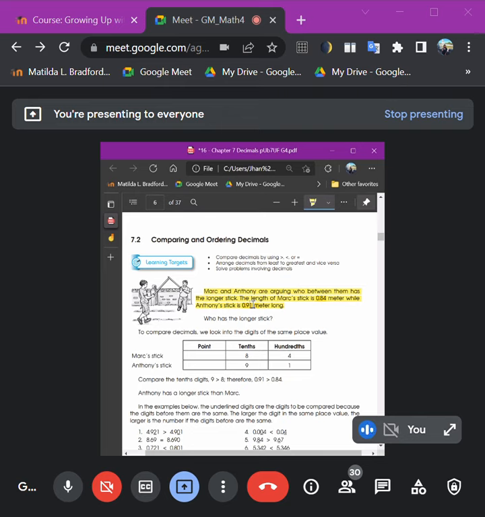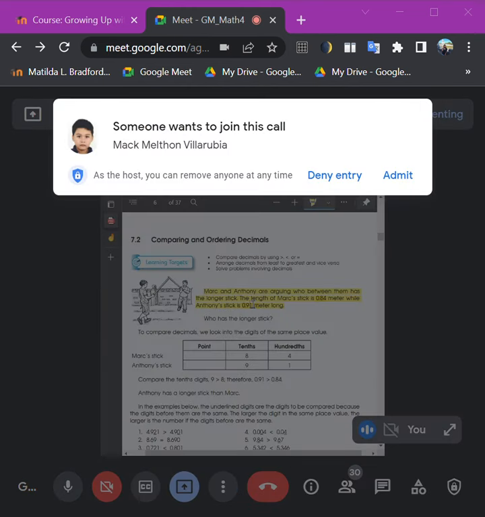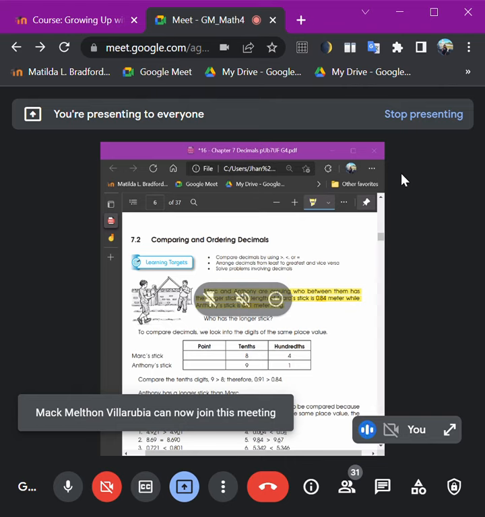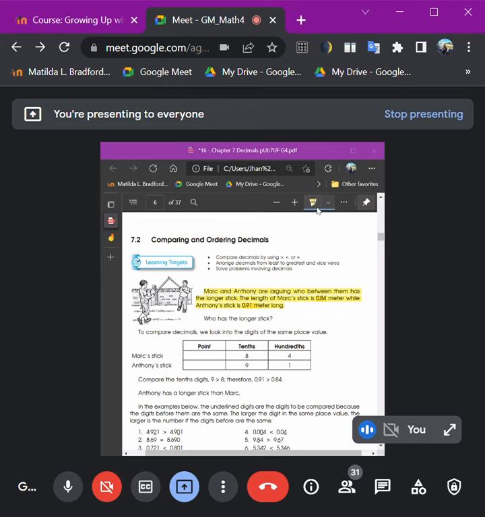If we are going to compare decimals, class, we look into the digits of the same place. So we have here our table. You have the point, that is your decimal point, and then you have your tenths and then hundredths. So your decimal places will help you to compare your given.